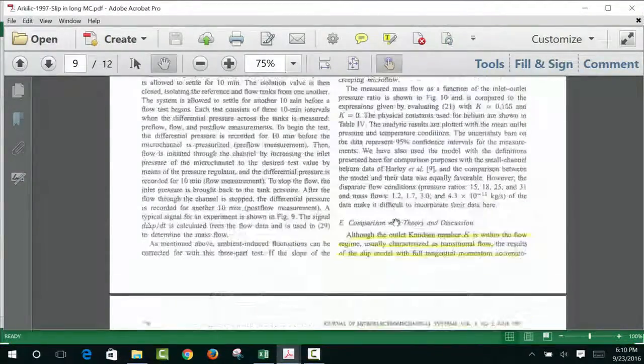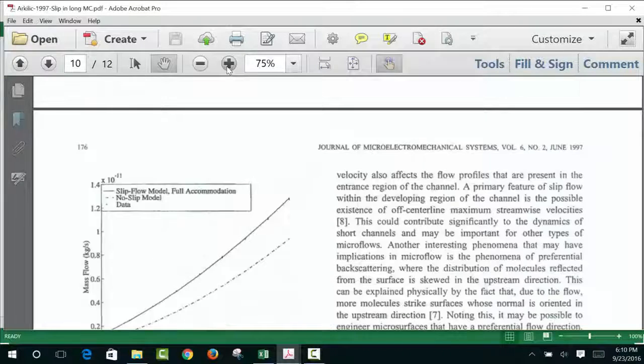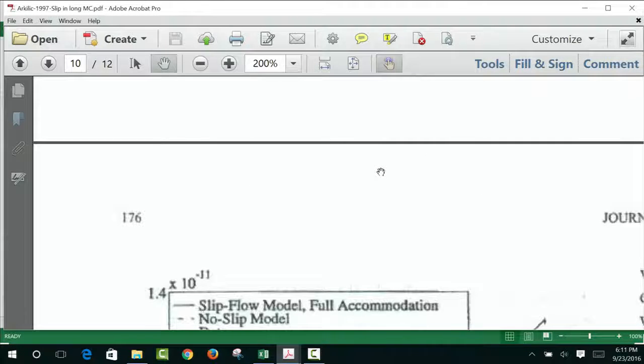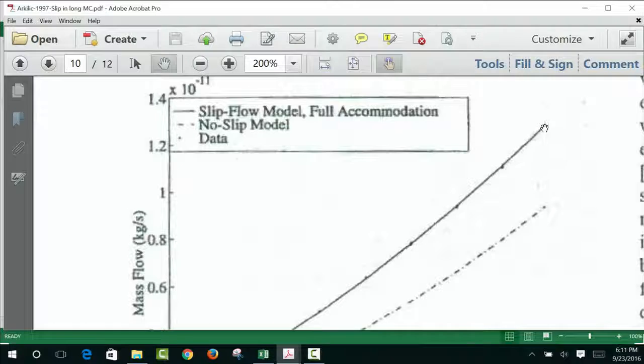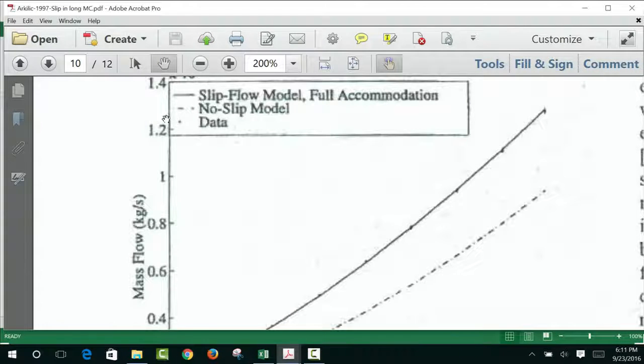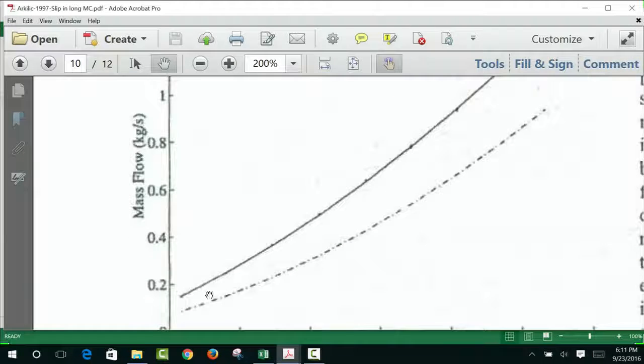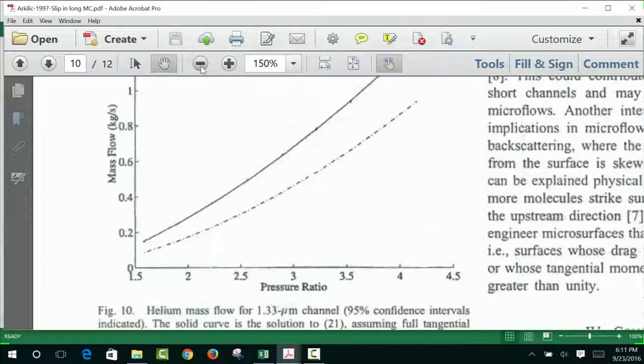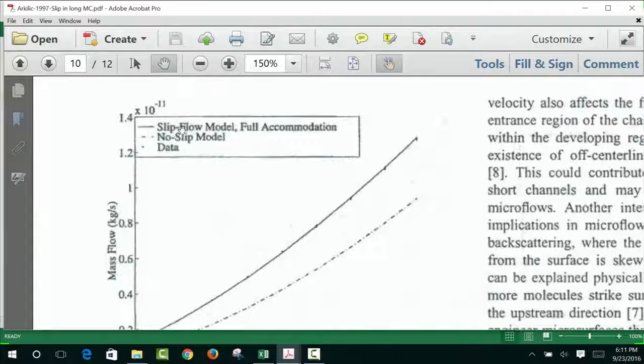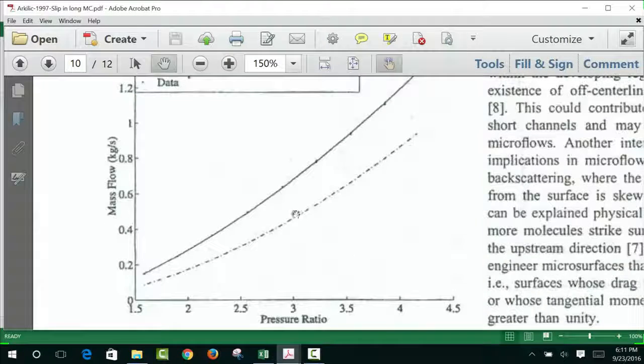And amazingly, I need to make this really big so that you can see where the experimental data are. See the data, those dots are here, here, here, here, and that black line that's totally covering them is basically the slip flow, and this is the no slip.